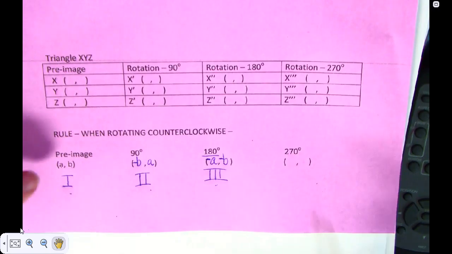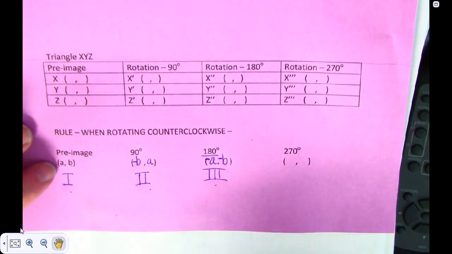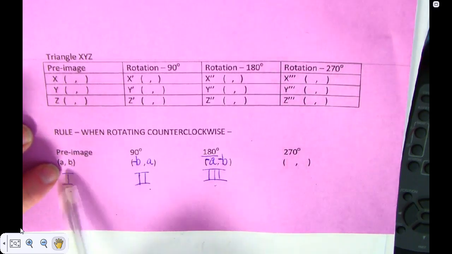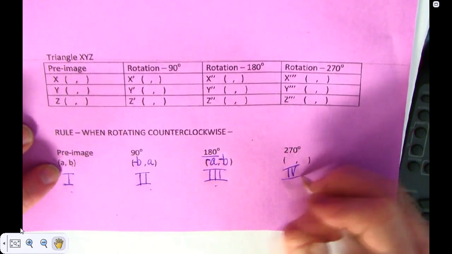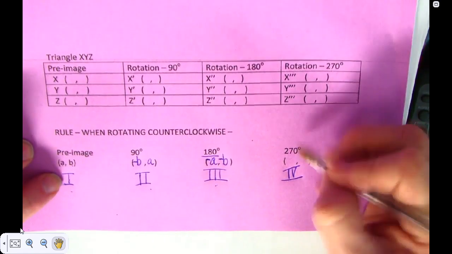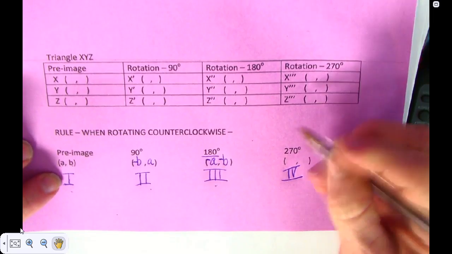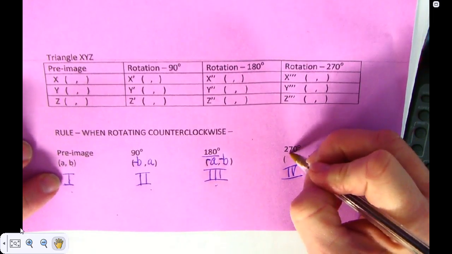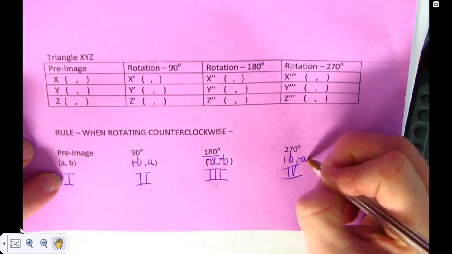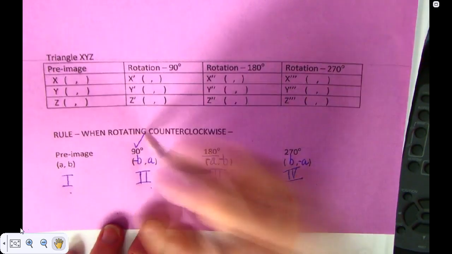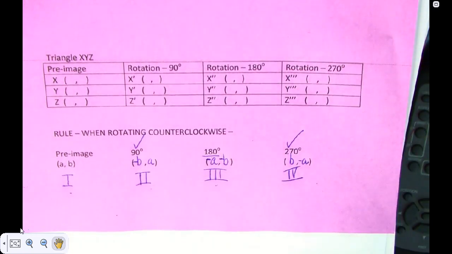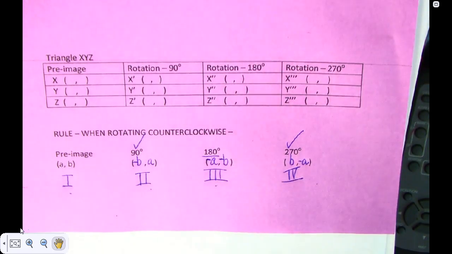Okay, if I make a 270-degree turn from 1, I'm going to be in quadrant 4. Now, what are my coordinates going to be? B, negative A. So when I do a 90-degree and a 270-degree turn, I'm going to switch the numbers. I look at the quadrant I'm in, and that determines the signs.